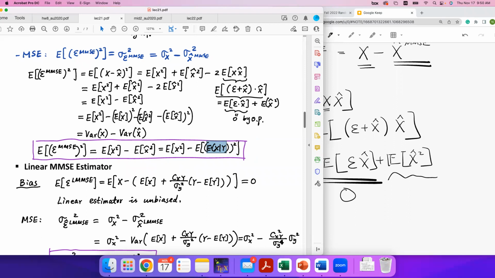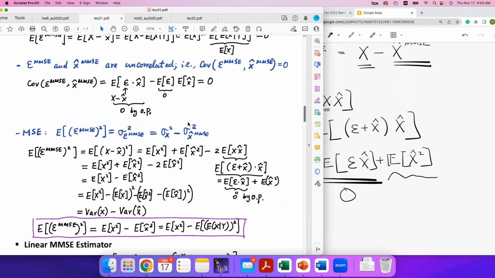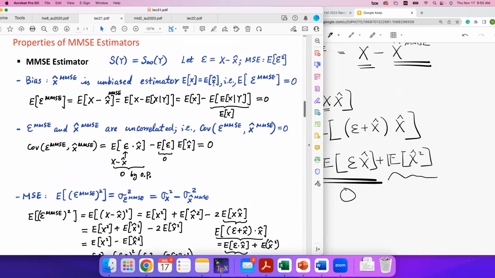If we know the joint distribution between x and y, all these terms can be computed one by one. So this is the MMSE estimator, which is derived by the framework with an unconstrained estimation class.